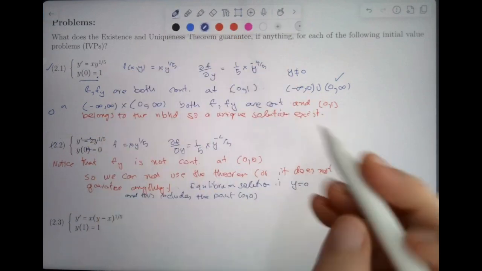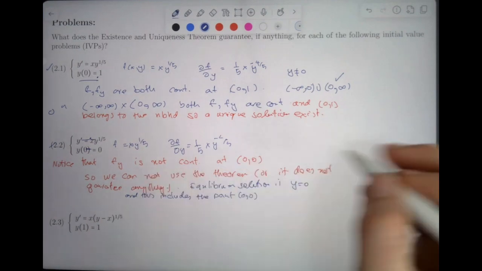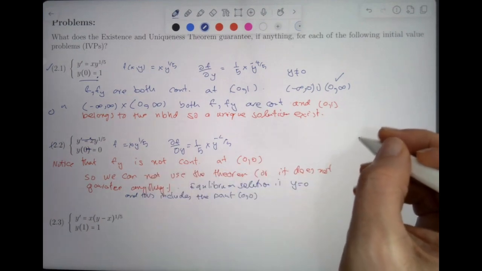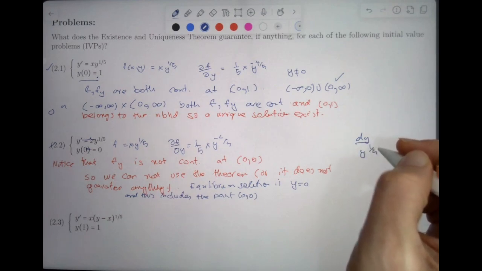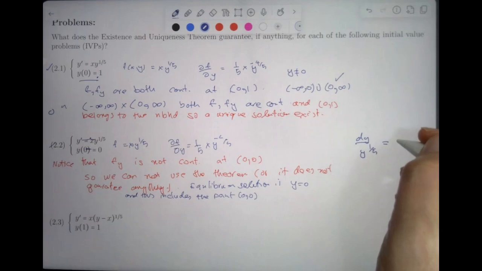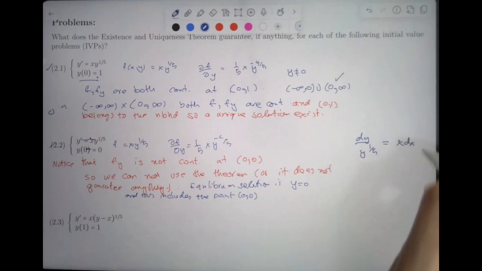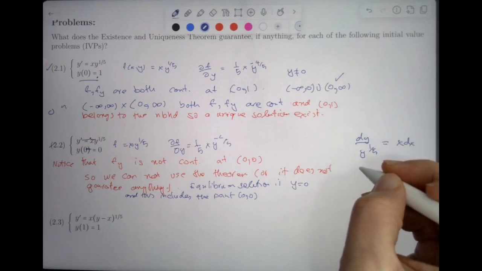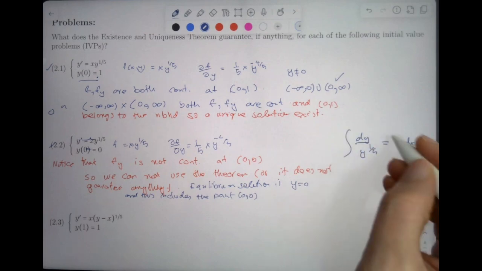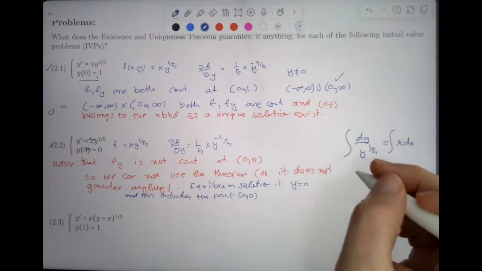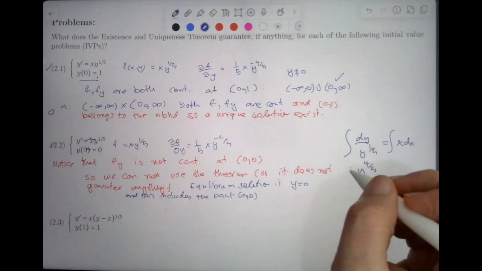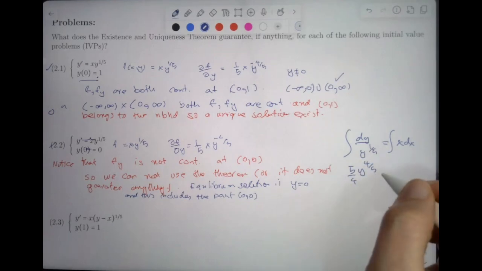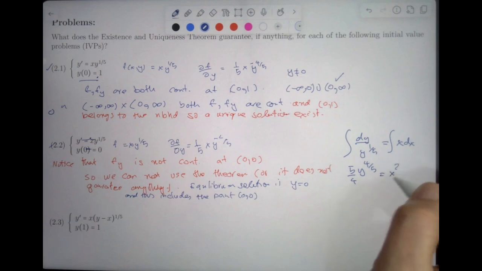So here I can separate these and write dy over y to the power 1/5 equal to x dx, and then integrate to get y to the power 4/5 times 5/4 equal to x squared divided by 2 plus c.